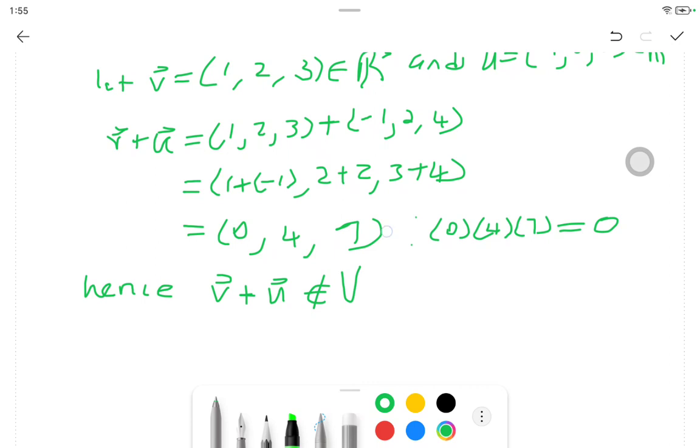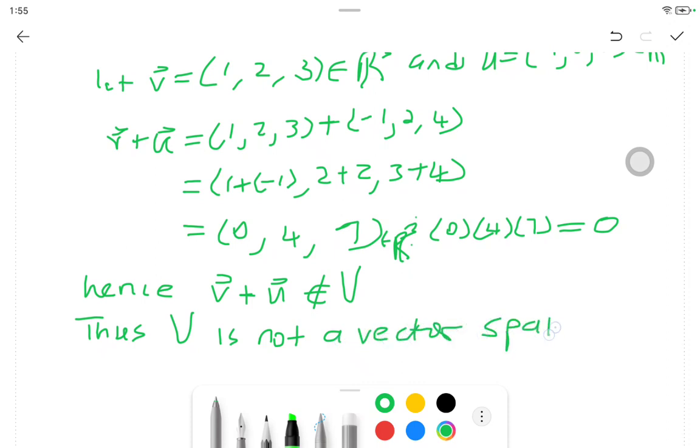Even though this is in R cubed, it's not in v. Thus, v is not a vector space.